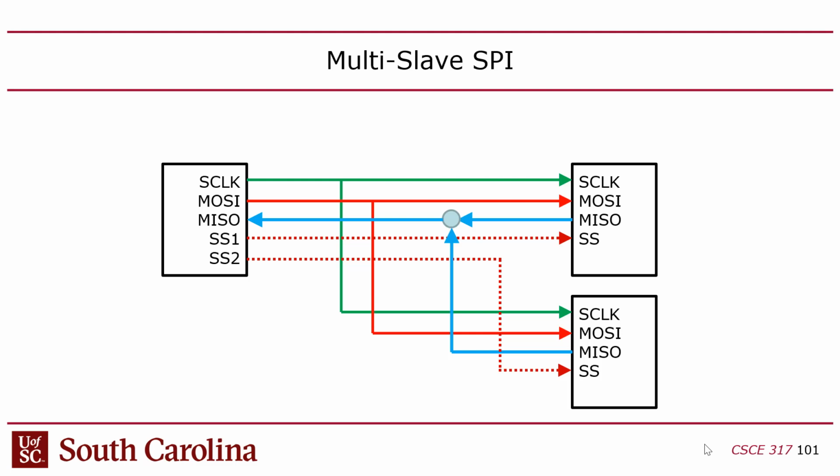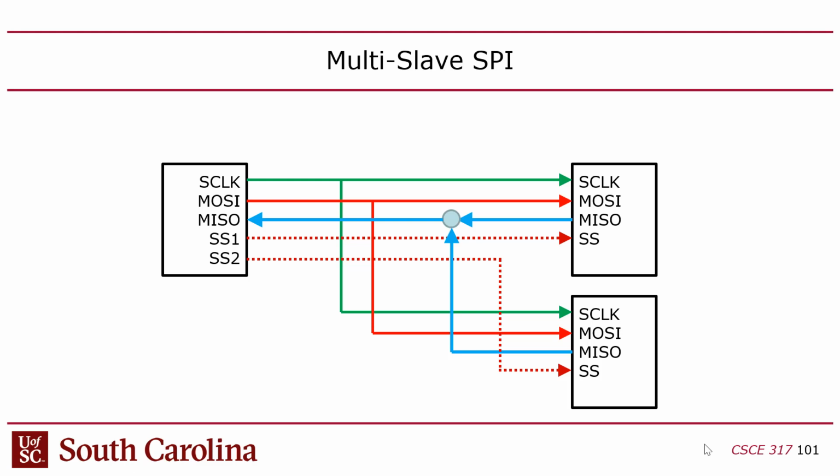If that's the case, then these are all going to be connected to one MISO. They're going to be shorted to one line, which means that if you look at the MISO as the thing that they're controlling, then you've got multiple masters of the MISO line, right? Multiple devices that could take charge of the MISO line.